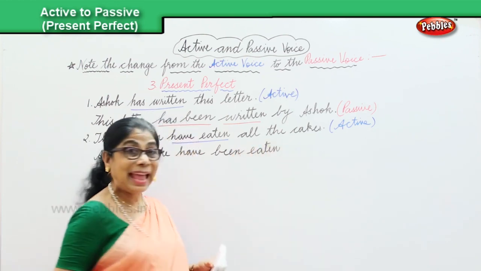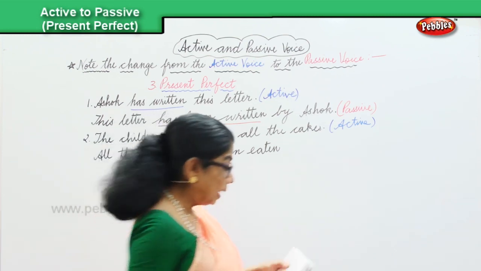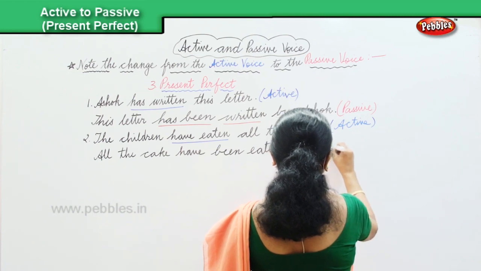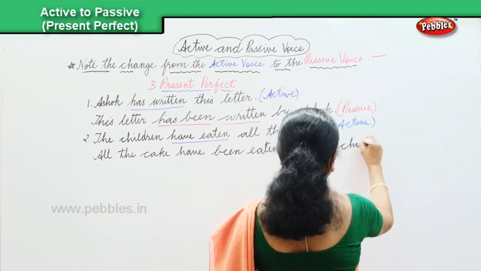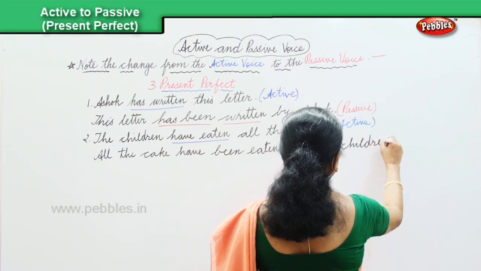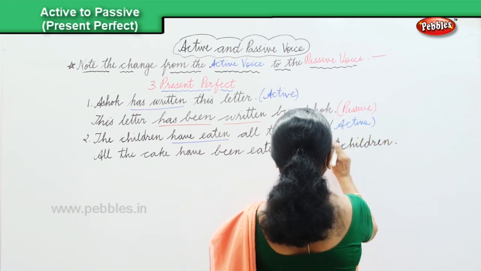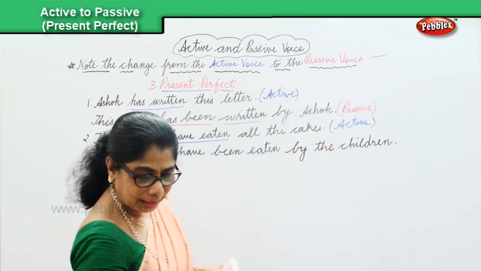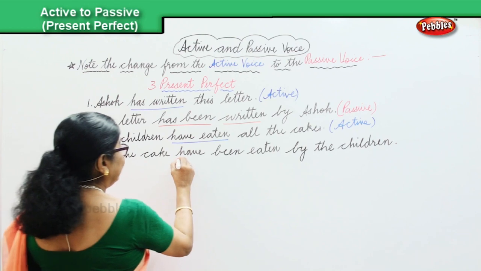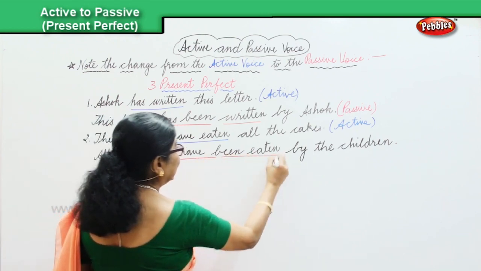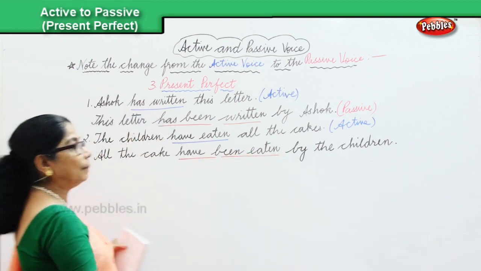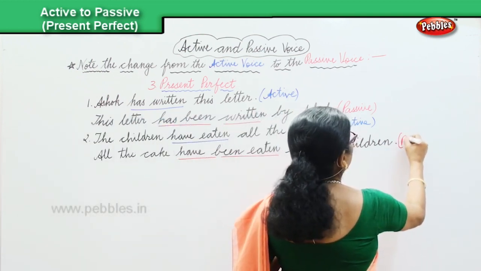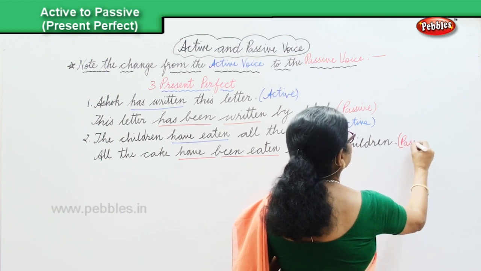All the cakes have been eaten by the children. Now, that's changing over from the active into the passive. Now, look at the verb here. Have been eaten. All the cakes have been eaten. That's in the passive voice. Passive.